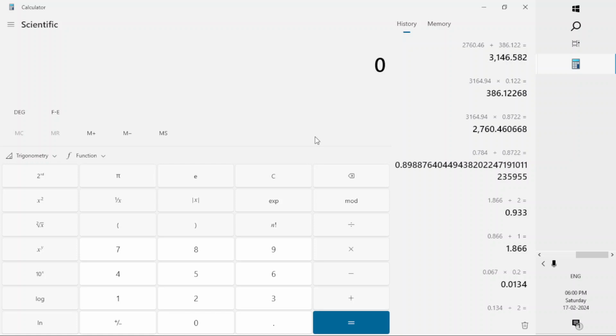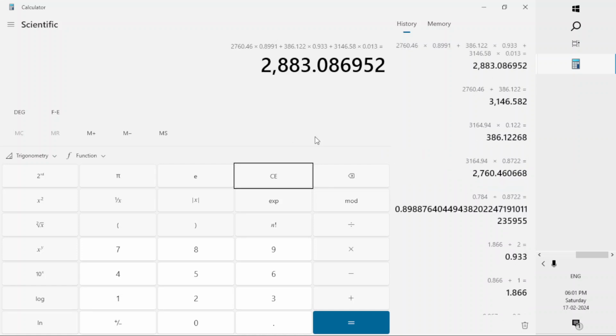Your IB value is 2760.460 times your RB value of 0.8991, plus your ID of 386.122 times your RD of 0.933, plus your IB plus ID, which is your global radiation, so the Ig value of 3146.58 times your RR of 0.013.